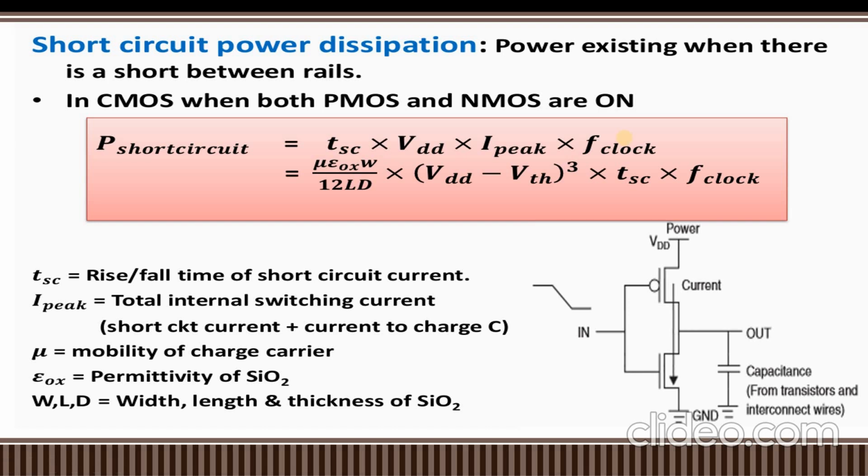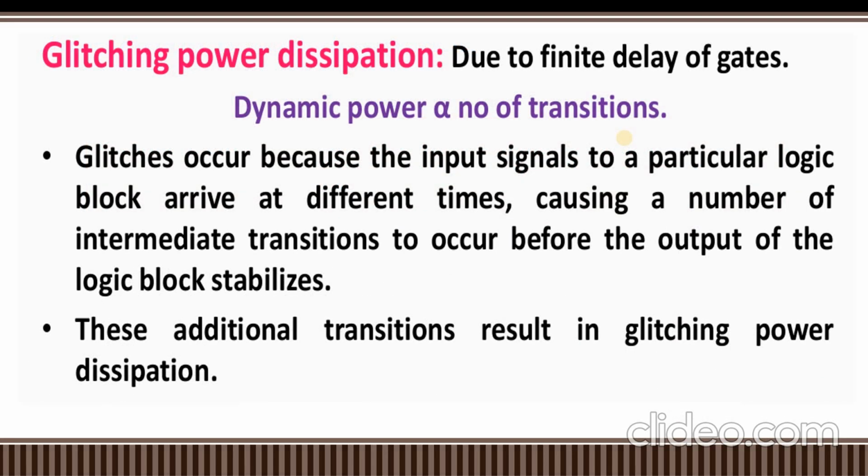Okay, so it is about short circuit power dissipation, in which either PMOS or NMOS are on at some durations simultaneously. And the next one is the glitching power dissipation. It is mainly due to finite delays in the gates.